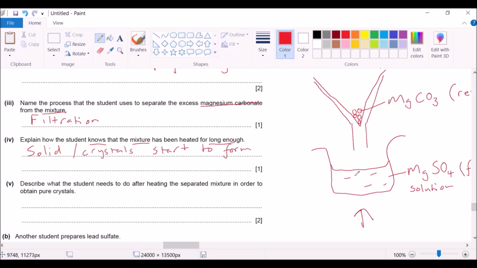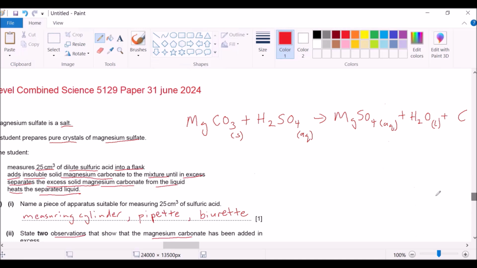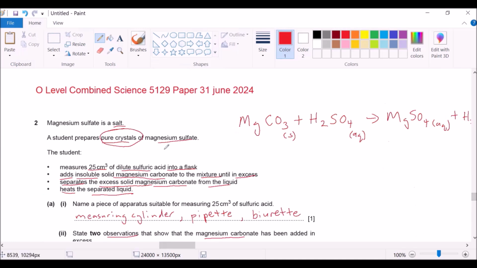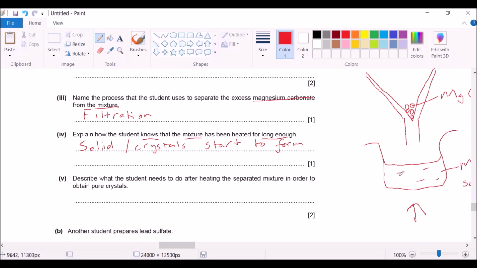Then we know this solution is now saturated. Pure crystals of magnesium sulfate are what we want to form. So after heating the separated liquid, we see crystals starting to form, and then we know this solution is now saturated.